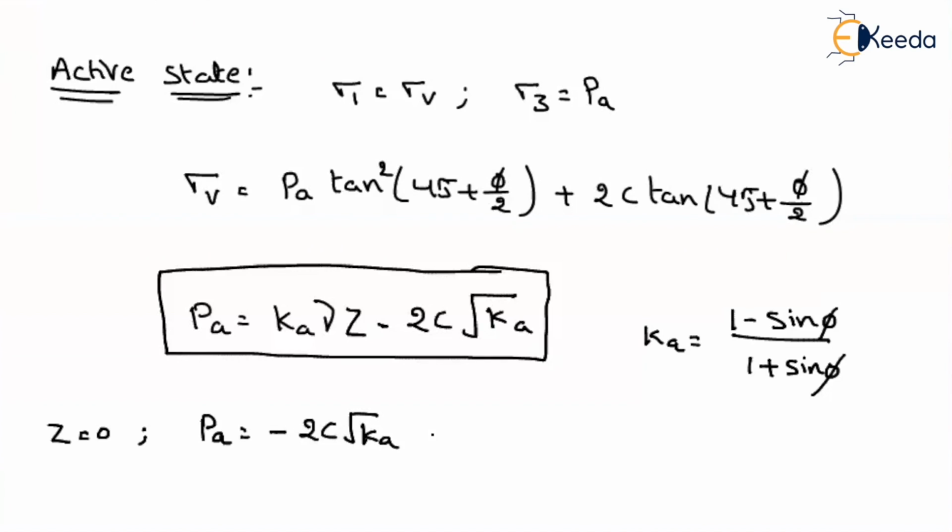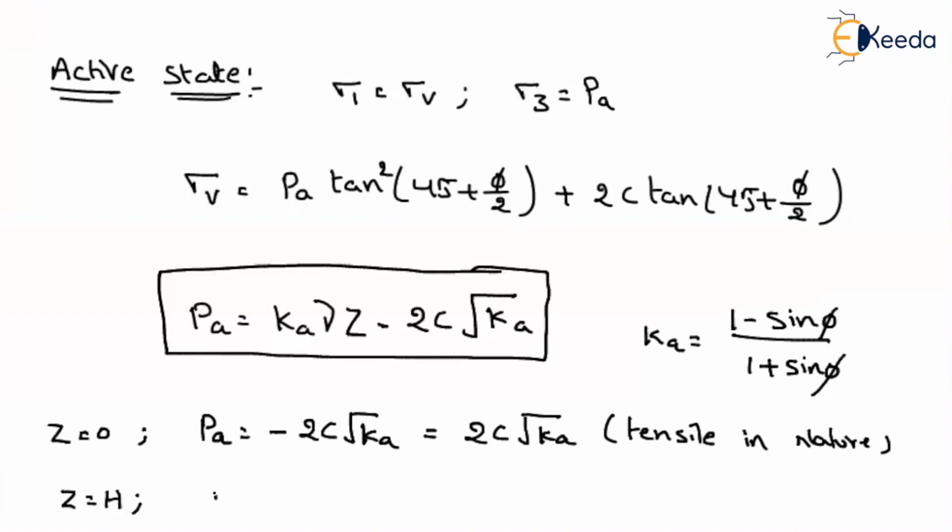The minus represents that it is tensile in nature. The soil mass is under tensile condition. Suppose you are finding it at some height h, then the active earth pressure will be Ka into gamma into h minus 2c into root Ka.